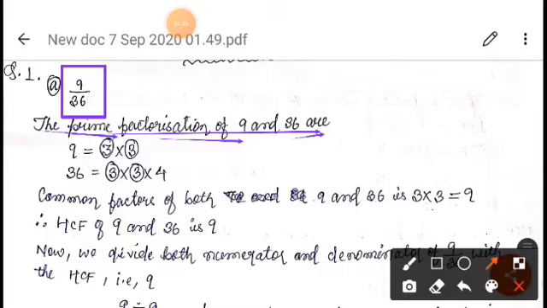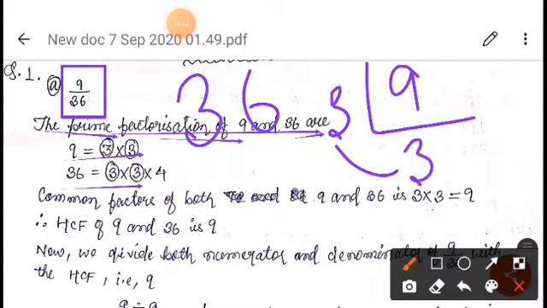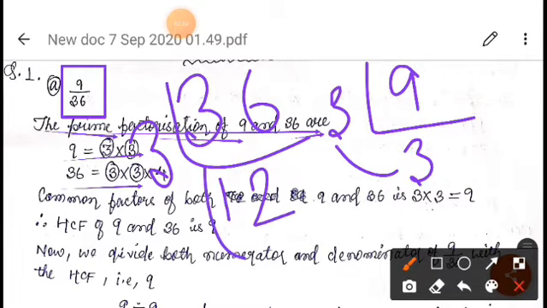When we find the prime factorization of 9 and 36, you can do it like this. I will give you a simple trick. Suppose we have 9 here. 3 threes are 9, so 3 into 3 is 9. For 36, we can do it like this: 3 ones are 3, 3 twos are 6, and 3 fours are 12, so it is this 4.